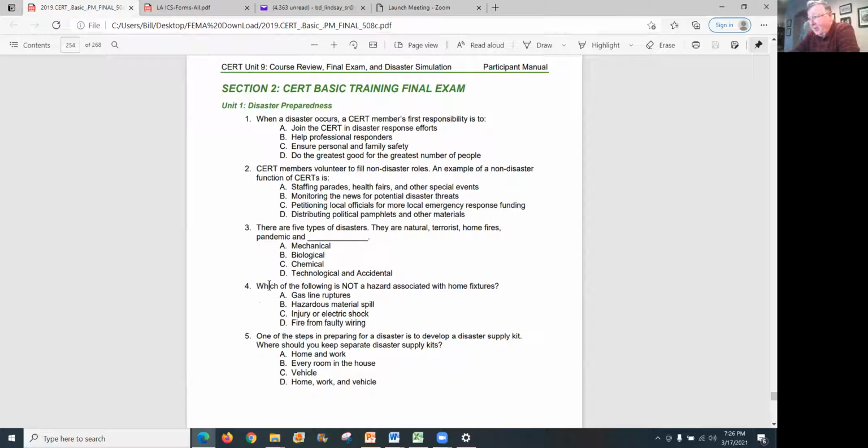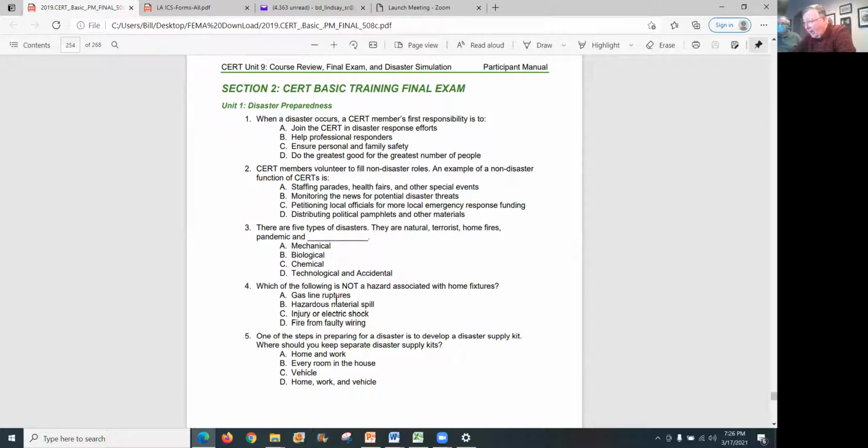No answer? I'll chime in, real close, D's highlighted. That was the thing they wanted you to get out of it. Wait, what was the answer on 3, Bill? D. Okay. And then on 4, which of the following is not a hazard associated with home fixtures?